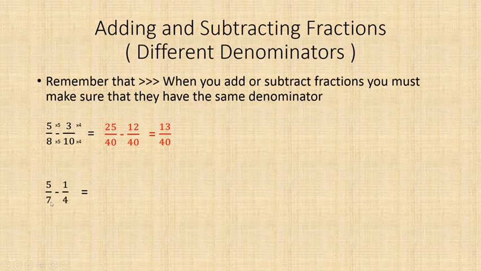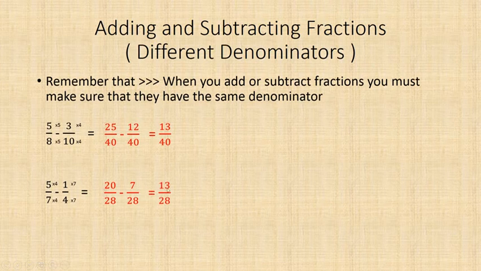So I will multiply down here by 4, and I will multiply up by 4. And here, to change this into 28, I have to multiply down by 7 and up by 7. And then, let's do it here. 5 times 4 equals 20, 7 times 4 equals 28, 1 times 7 equals 7, and 4 times 7 equals 28. And then subtract.